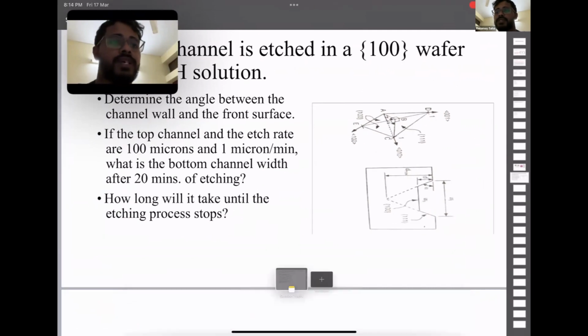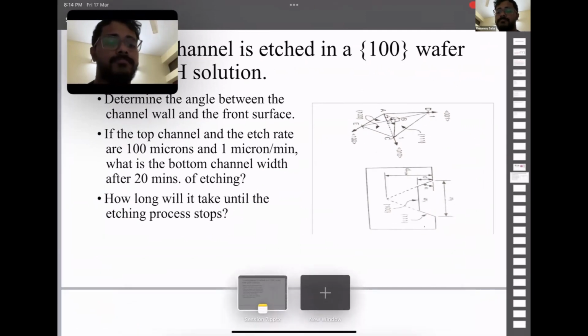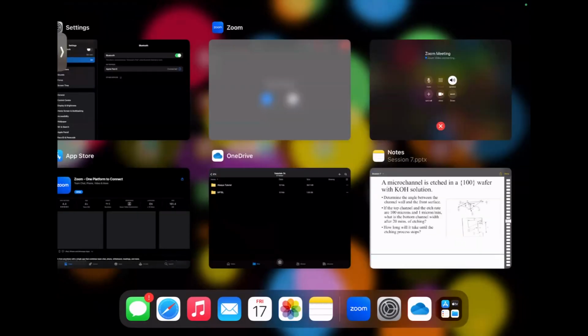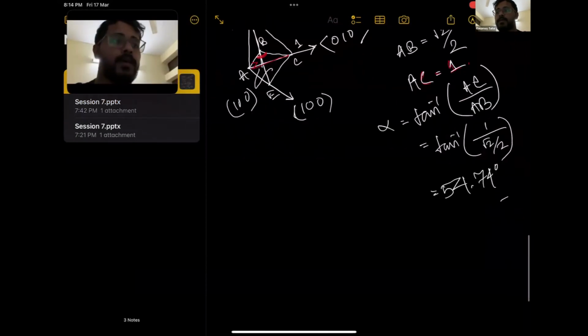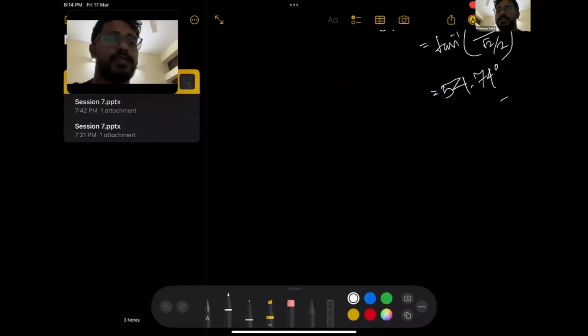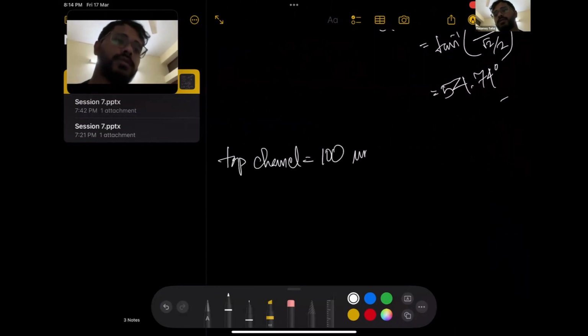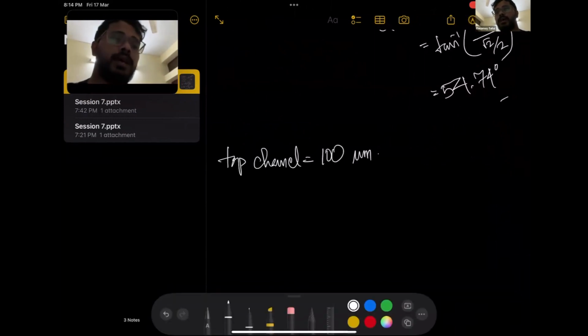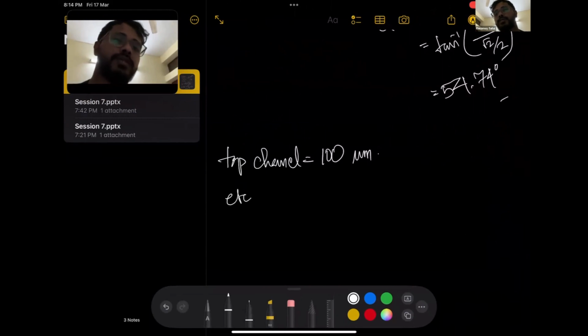So let's switch back to our writing pad. Your question says that the top channel length is 100 microns and the etch rate is 1 micron per minute.